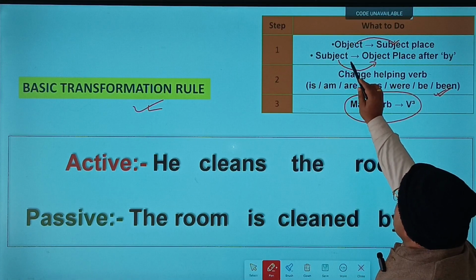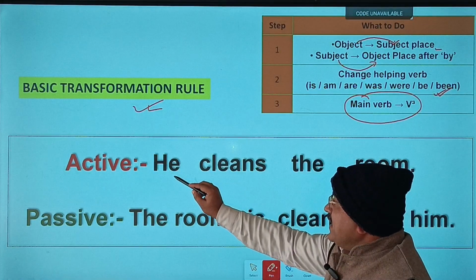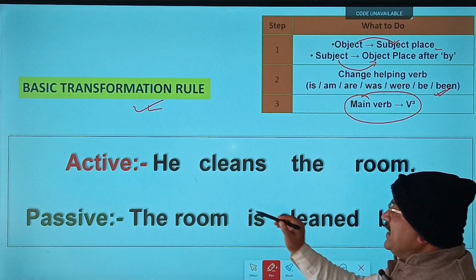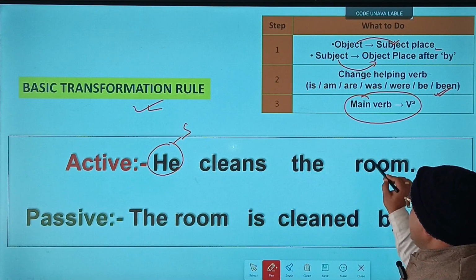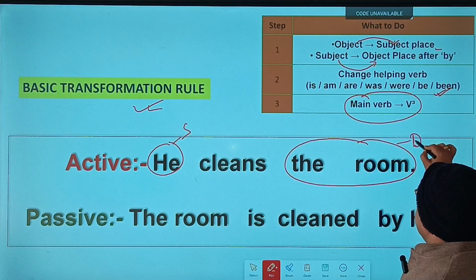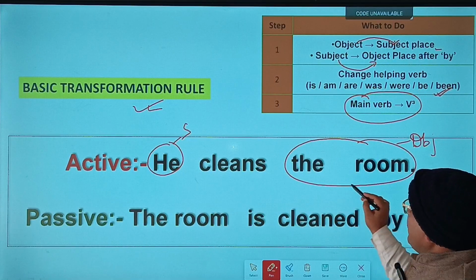First step says object comes at subject's place. This is the sentence. He cleans the room. What is the subject here? He. Okay. What is the object? The room. Now first step, object comes at subject's place.